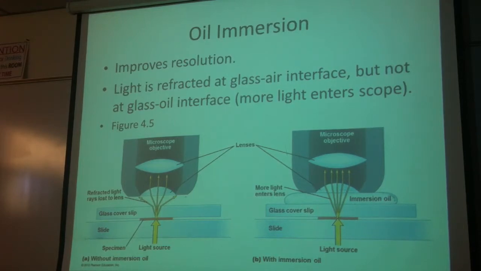But when you're using the higher resolution, we're so close, if we can get rid of that lost or refracted light, we can see the images better. So that's why you use oil immersion, which makes it so that you don't end up refracting it, so you get more light actually coming into that objective lens. Okay? Light is refracted at the glass air interface, but not the glass oil interface.